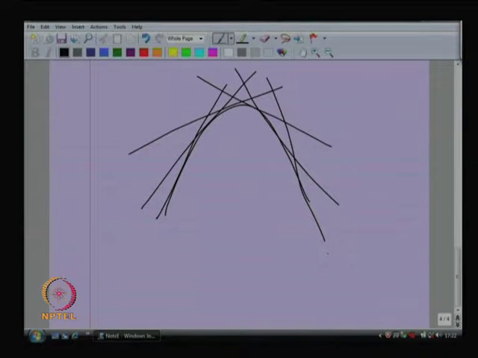So, just think about this picture in 3D, that instead of a parabola, you will have a paraboloid, and then you will have planes tangent to it. And the lower envelope corresponds to the Voronoi diagram.